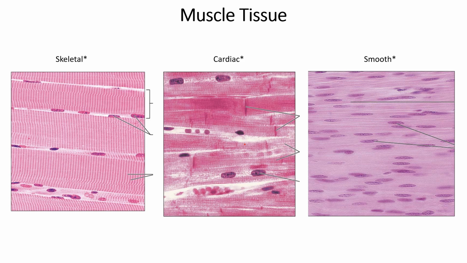For smooth muscle, it's not as clear, right? We see some elongation to the structures, but not that column rectangle shape that we see with skeletal and cardiac. For skeletal and cardiac, notice that you see the alternating dark pink, light pink, dark pink, light pink along where we have the cells, right?